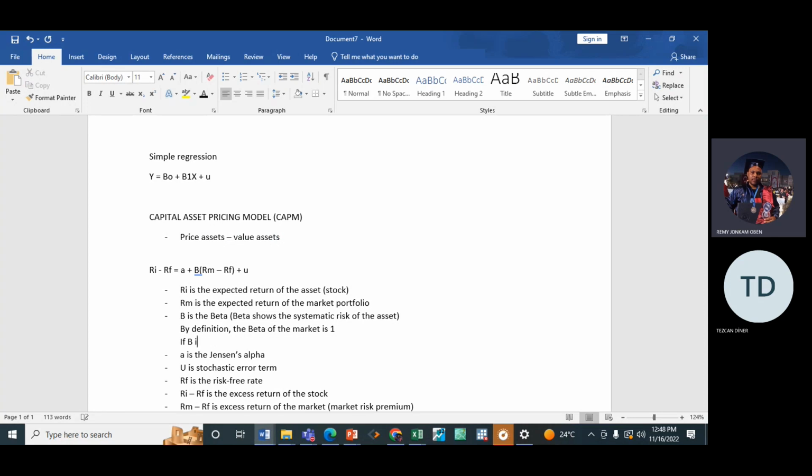If B is greater than 1, it means stock is riskier than market. If that B is less than 1, what does it mean? It means the stock is less risky than the market. So it means the market is riskier than the stock, in other words.